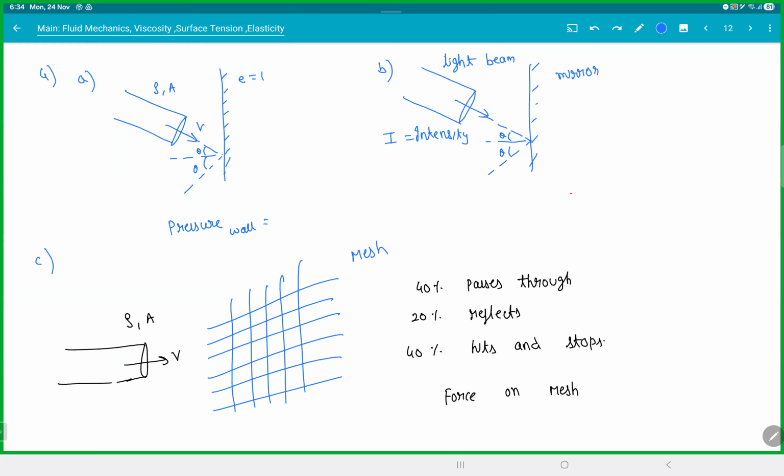The pressure results are important. One is from modern physics, one is here, so two different chapters again.